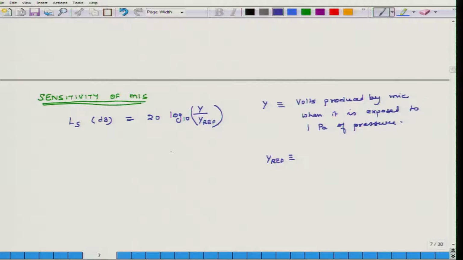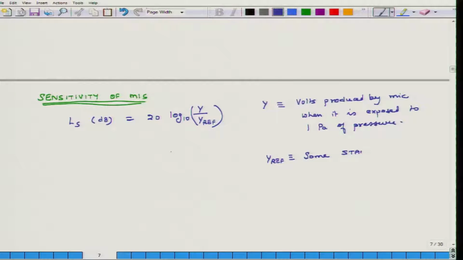Y ref corresponds to some imaginary mic, some standard mic, which produces 1 volt when exposed to 1 Pascal of pressure.